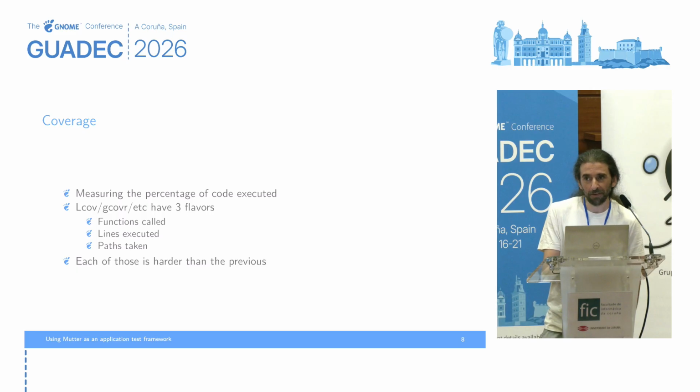Then the next one in level of complexity is the lines executed, which means that inside those functions you go into these paths and see how many lines are run. If you have an if-else, you check which of both paths you are testing, ideally both of them. And then there's what I call paths, though it might not be the best term: the conditions that you have inside ifs.